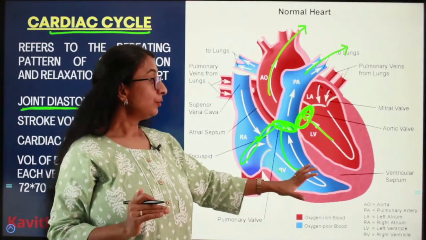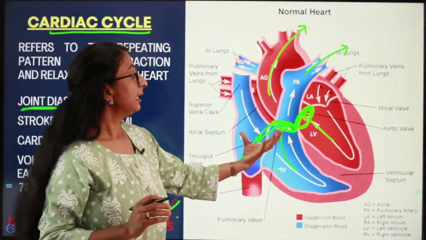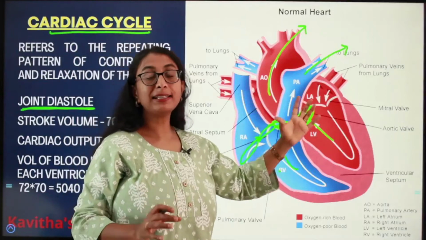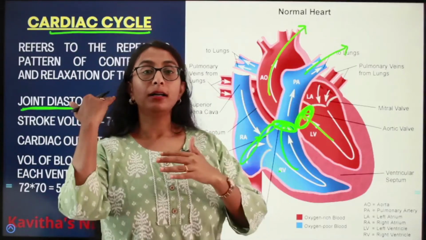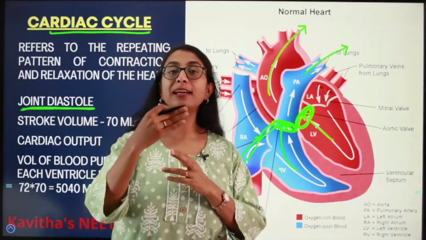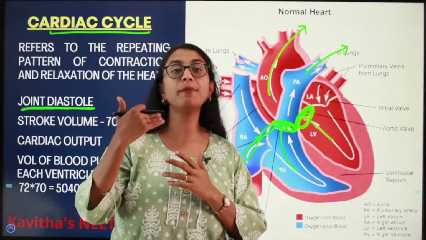Okay, so now after this, this completes one entire cycle, that is one cycle of systole of the atrium and the ventricles, and one cycle of the diastole of the atrium and the ventricle.